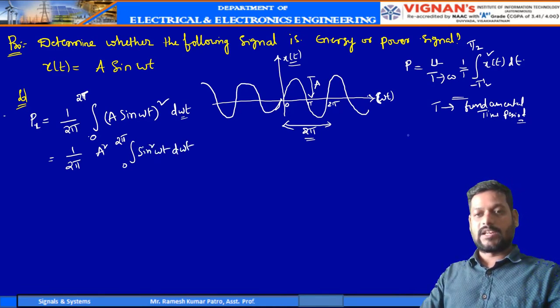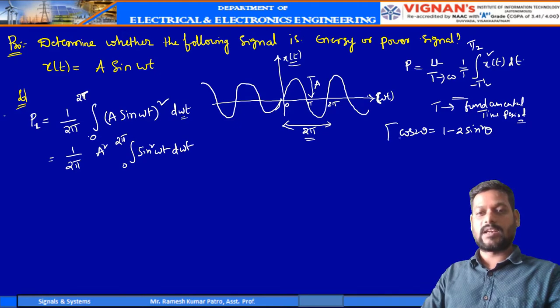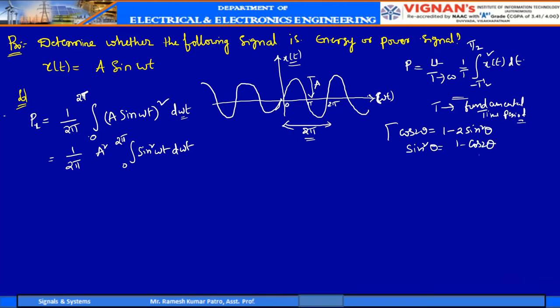So I will use this trigonometric identity, cos 2 theta is equal to 1 minus 2 sine square theta. From this I can write sine square theta is equal to 1 minus cos 2 theta divided by 2. So sine square omega t can be written as 1 minus cos 2 omega t divided by 2, and we are integrating within the limits 0 to 2 pi with respect to d omega t, right?